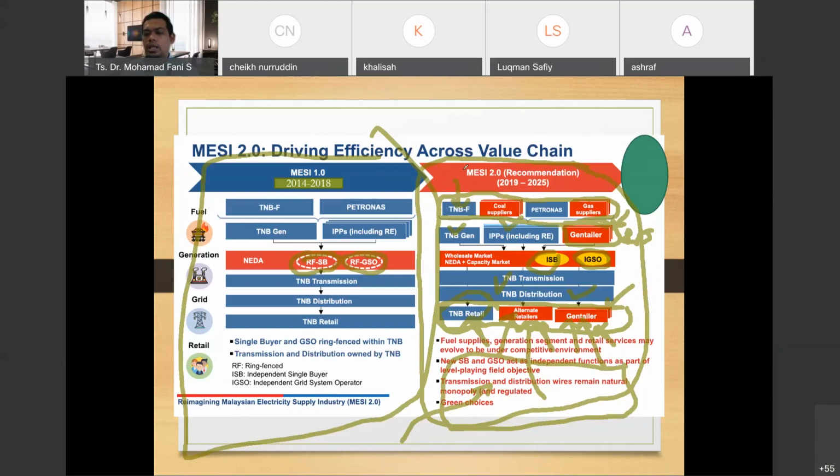That's the Malaysia electricity supply industry being open-ended, and that's a good movement for Malaysia to achieve a certain level of efficiency for the electricity supply.